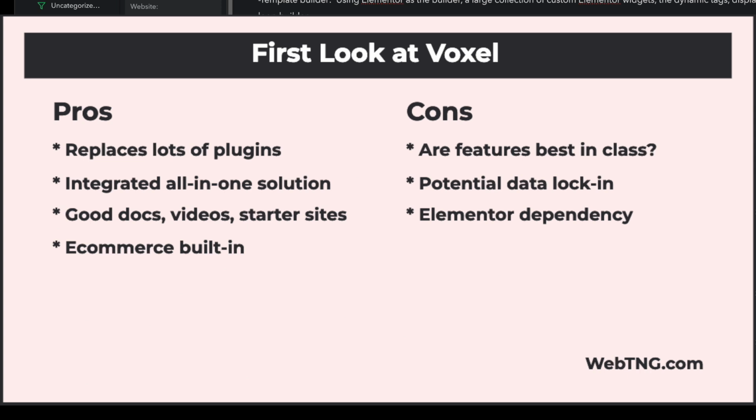When I was testing Voxel and going in and trying to edit or create templates, the Elementor handoff seemed like the least smooth part of Voxel. I wasn't always sure if I had the template rules set correctly. And then finally, there are a lot of moving parts, which means that the starter sites are a must. Without them, it would be difficult to see how to tie everything together.